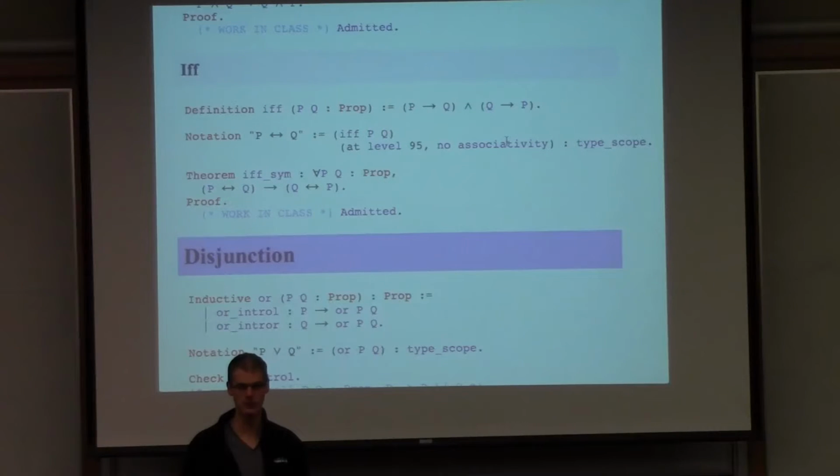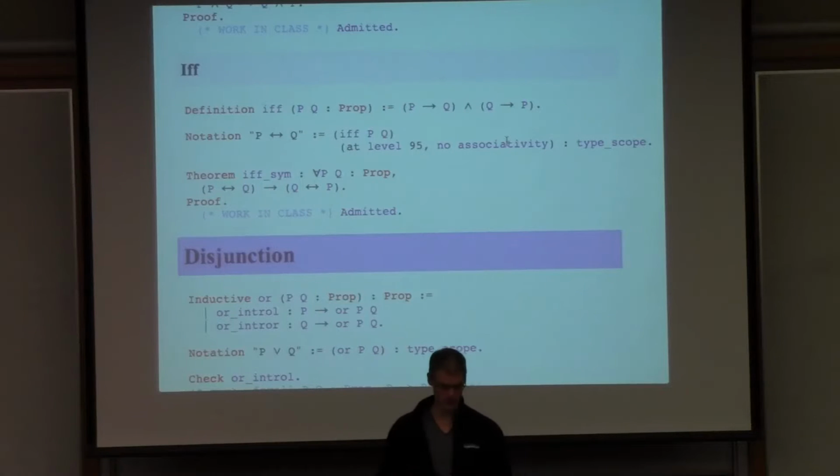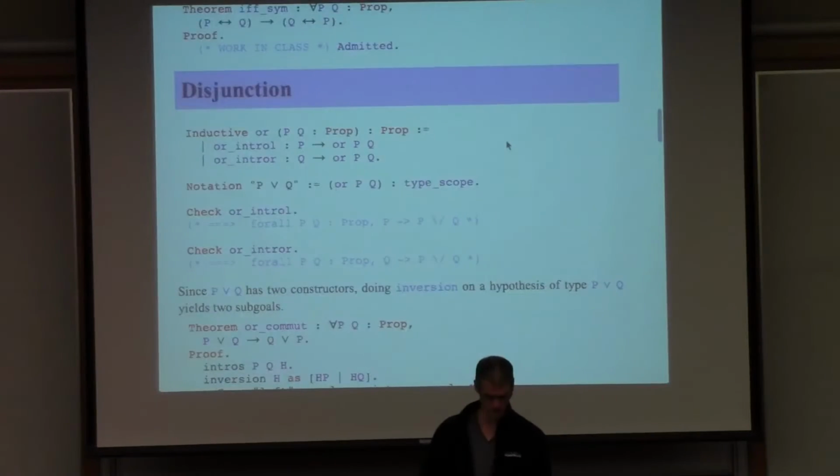Coq wasn't good at, for example, taking an if and only if hypothesis and applying it, and Coq would have to figure out which direction to apply. It's gotten much better, so we're gradually reintroducing more uses of if and only if. You may want to use it more than we do.